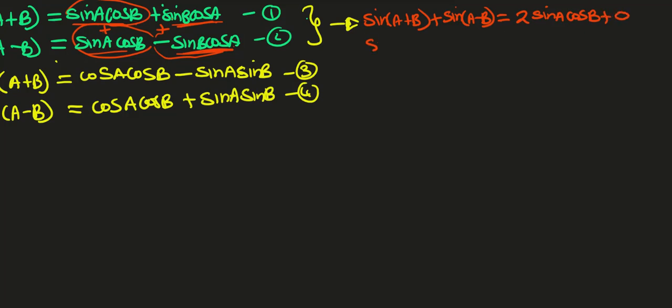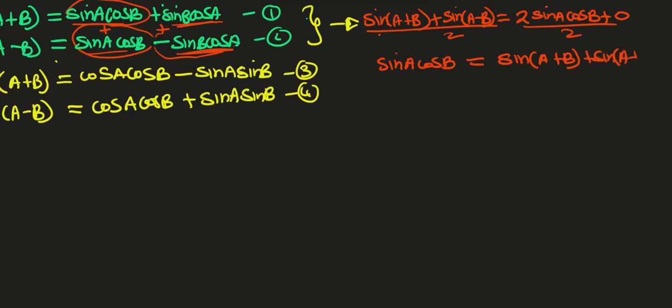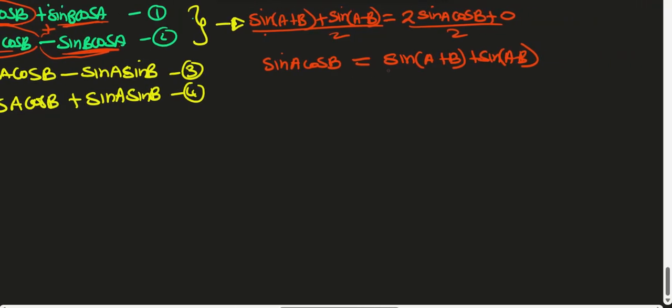From here, I can make sine A cos B the subject of the formula. How we do that is just divide everywhere by 2. Then we'll have sine A cos B is equal to sine A plus B plus sine A minus B, and all of that is divided by 2.